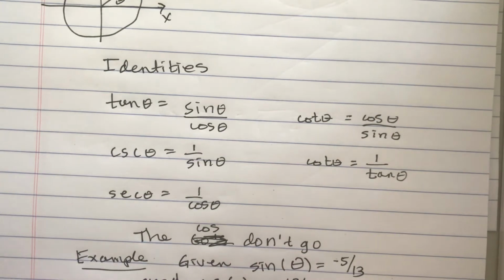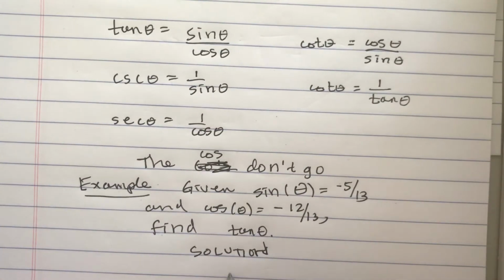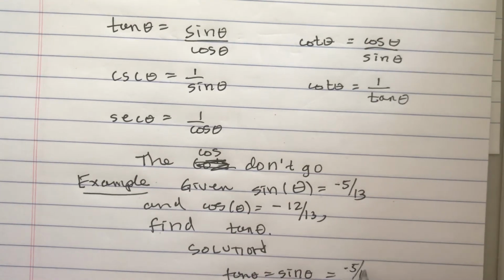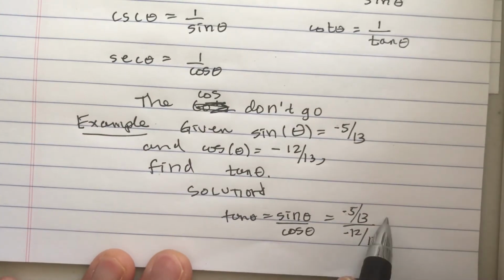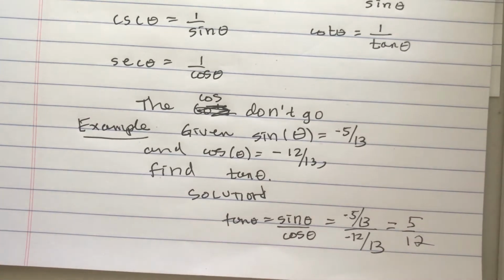And so the solution is tan theta equals sine theta divided by cosine theta. So this is going to be negative 5 over 13 over negative 12 over 13. If we multiply the top and bottom by 13, we get 5/12. Should be able to do that without a calculator.